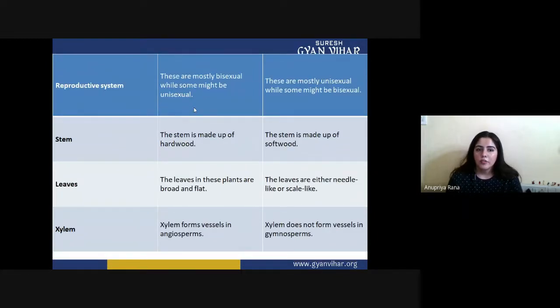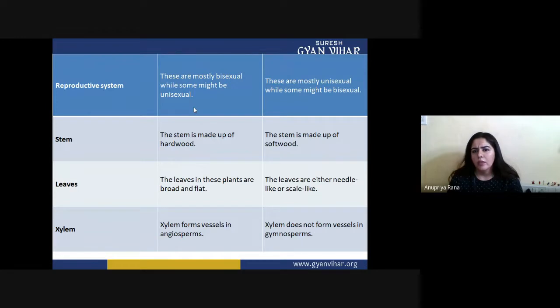Reproductive system: angiosperms are mostly bisexual, while some might be unisexual. The flower has the bisexual pattern inside it, but some flowers are unisexual. In the case of gymnosperms, mostly they are unisexual.